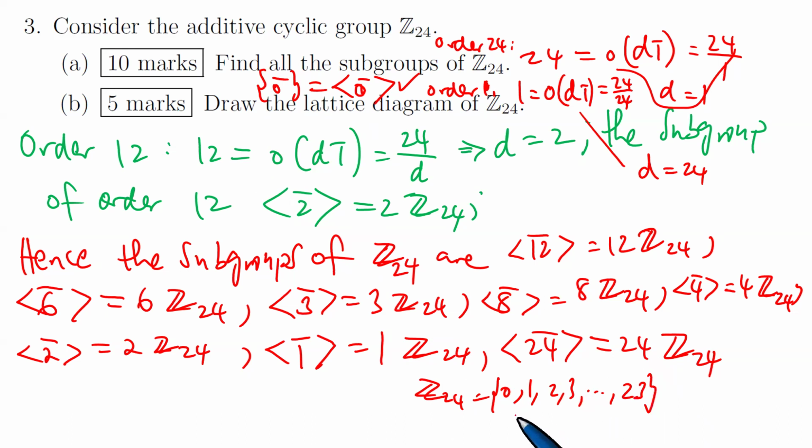But now you multiply every element by 24, and then it becomes 0. 24 by 0 is 0. 24 by 1 is 24, but 24 is congruent to 0 modulo 24, and so on.